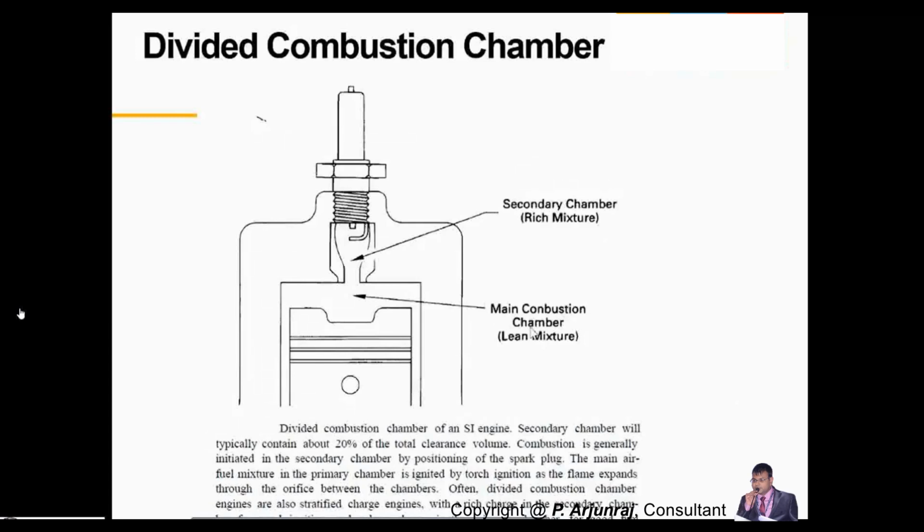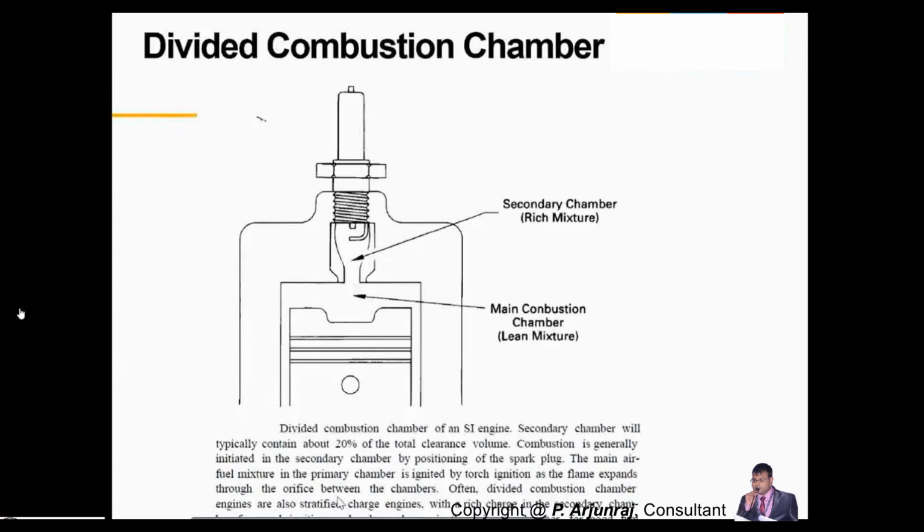And in the case of the main chamber, we are going to have the lean mixture, which is directly above the piston. Okay, so you are going to divide the combustion into two regions, one having rich mixture, and the other having lean mixture.